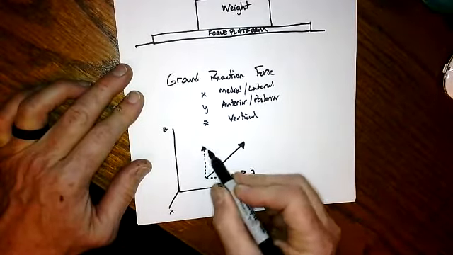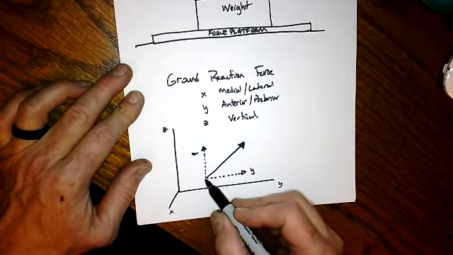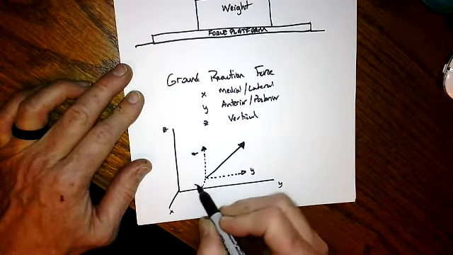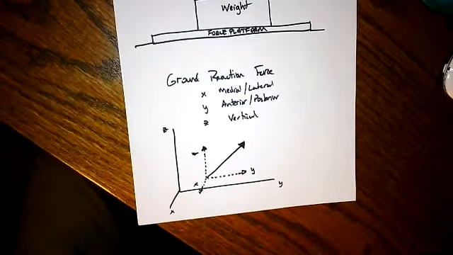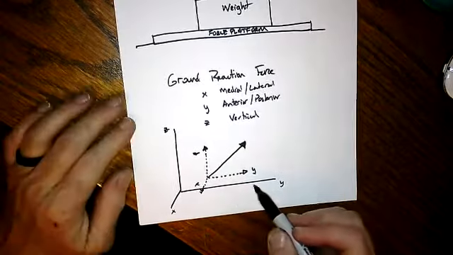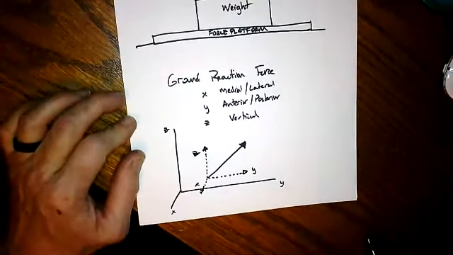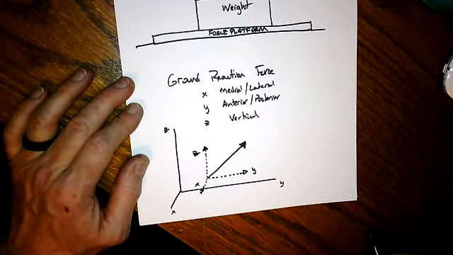This would be the Z component. And then coming the way I've drawn this here, this would be the X component, thinking that this is maybe coming out, pointing out of the paper. Okay. So each of those are independent of each other. They're orthogonal to each other. They're at 90 degrees to each other.